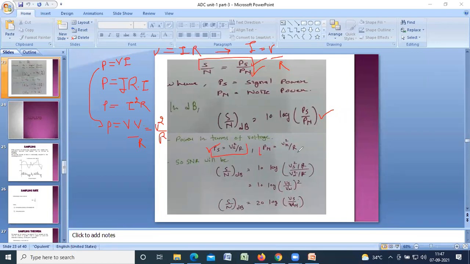And what about the noise power? That is VN square by R. Put both the formulas of PS and PN values in this formula.